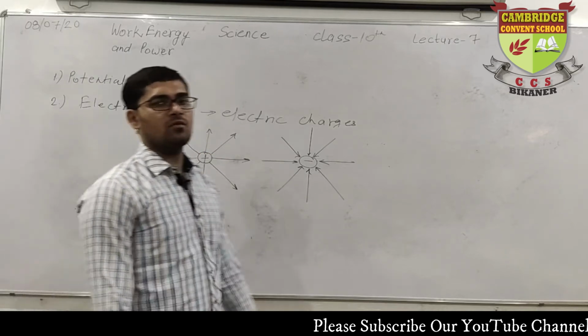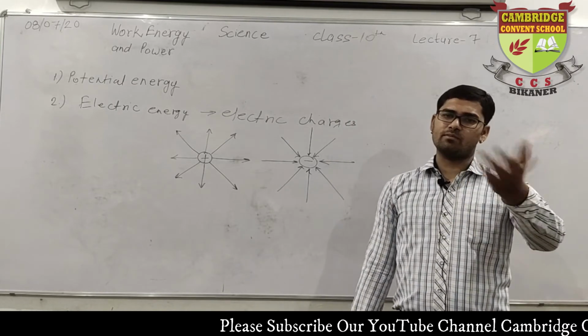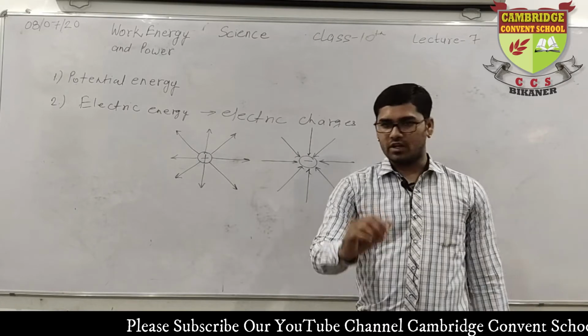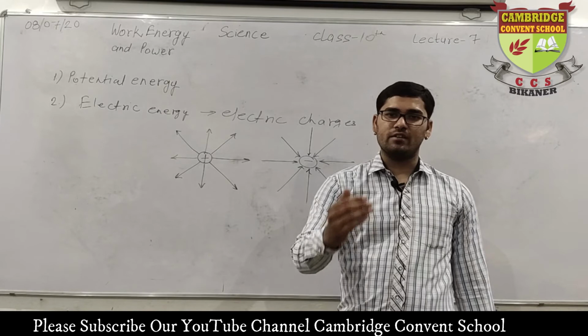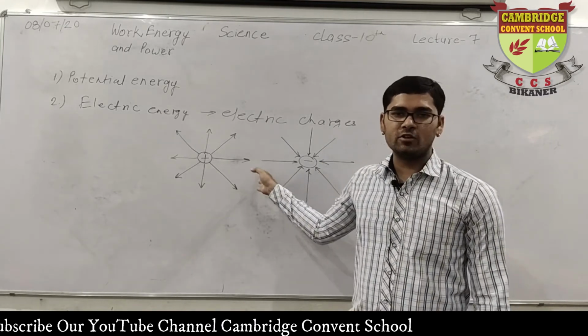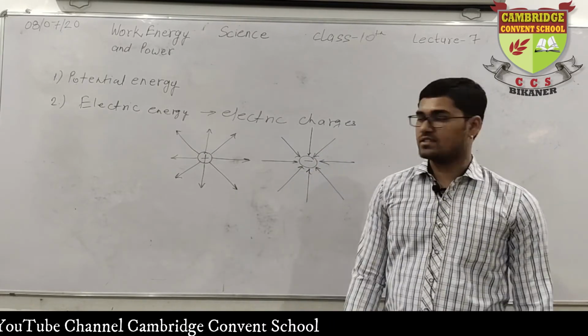You must understand one more thing: why do charges have the ability to produce energy, apply force, generate power, etc.? Why do the charges have that ability? We have studied that charges can apply force, right? How do we get energy from this?